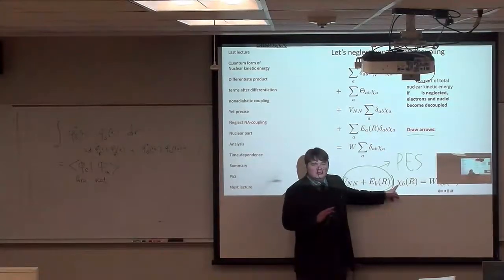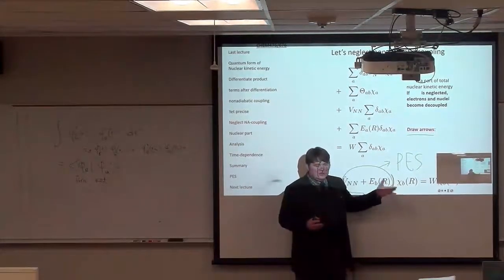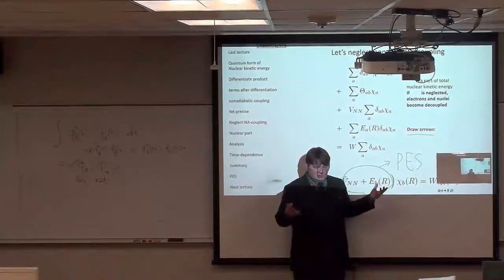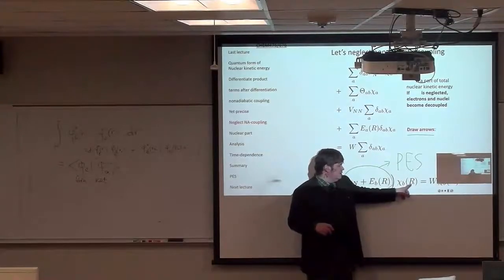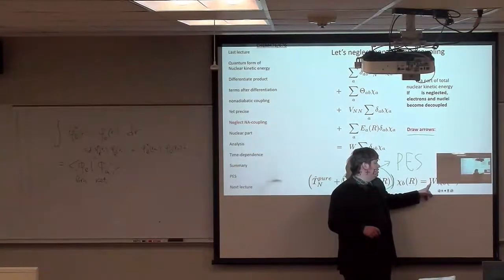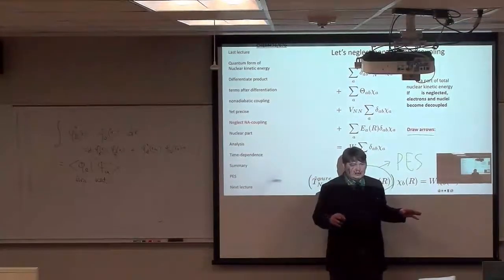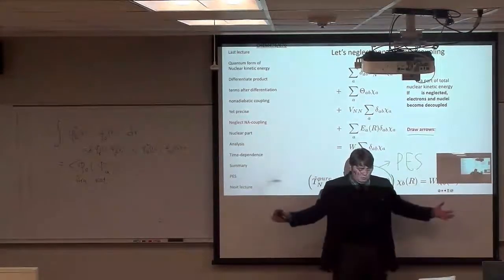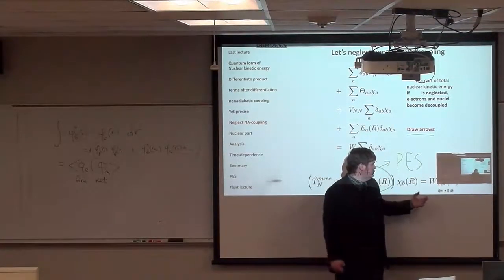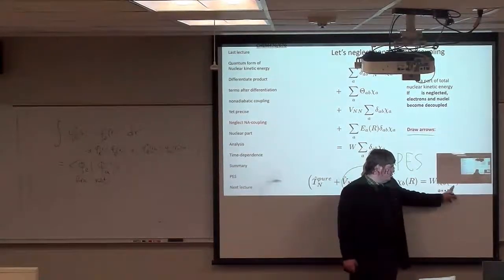We did some real breakthrough, but we still have electronic and nuclear wave functions. Nuclei are quantized, and then the eigenvalue of the molecular Schrödinger equation, which is the energy of the whole system, electrons plus nucleus, multiplied by the same nuclear wave function.